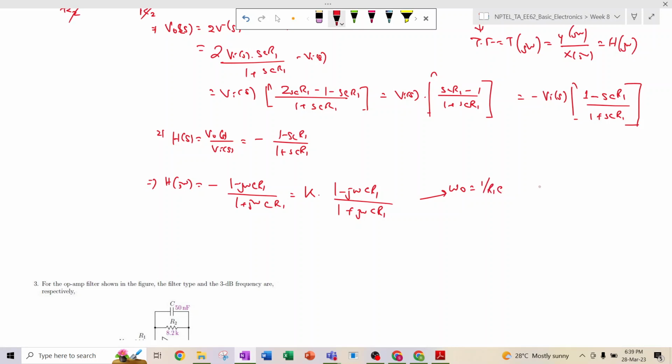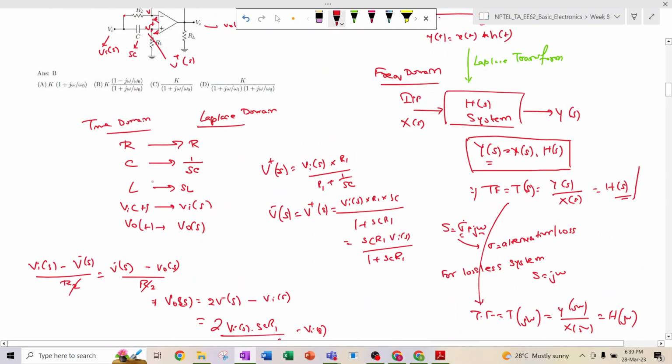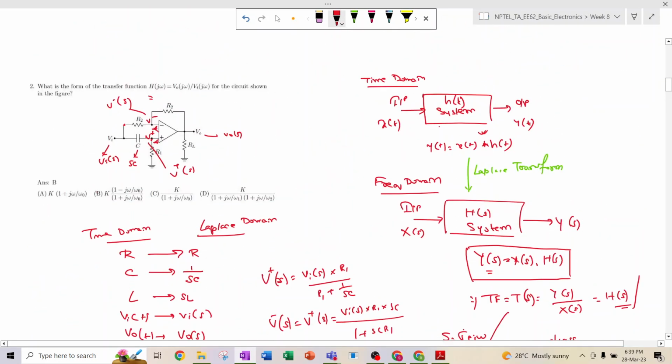If we consider this, k (1 minus j omega by omega 0) divided by (1 plus j omega by omega 0). This omega 0 is nothing but the 3 dB cutoff frequency. If we consider it as the 3 dB cutoff frequency, it will be 1 divided by R1C, and if we replace it, we get k (1 minus j omega by omega 0) divided by (1 plus j omega by omega 0). So the correct answer will be option B.